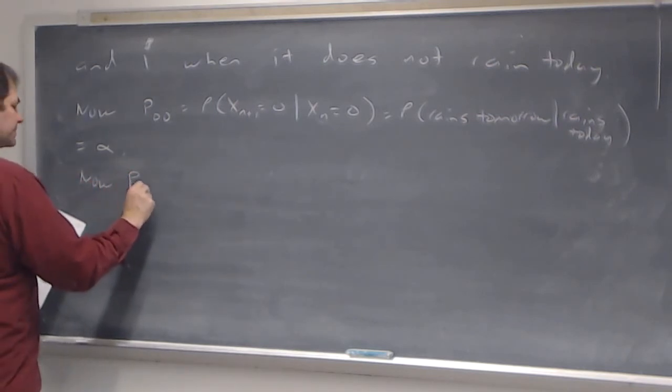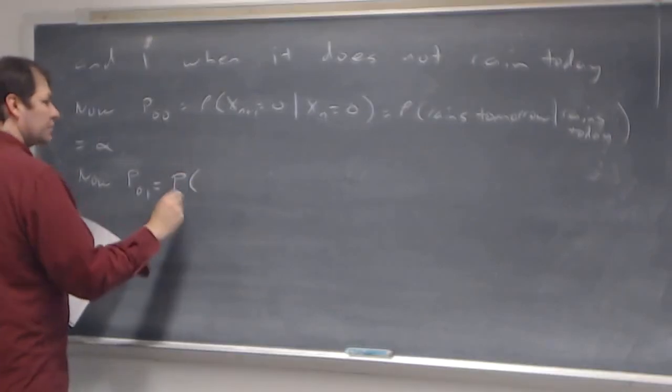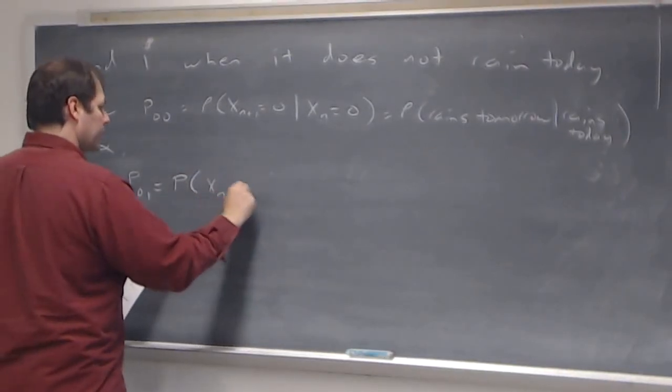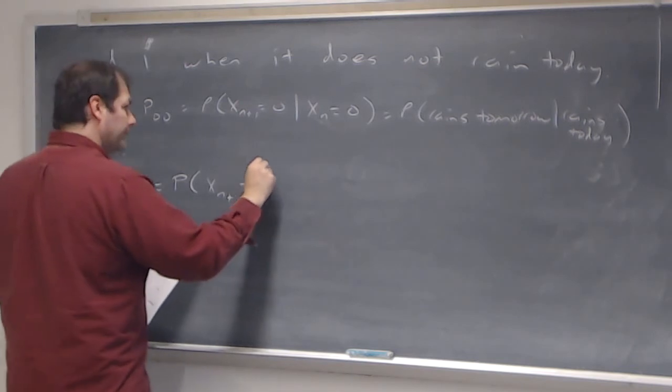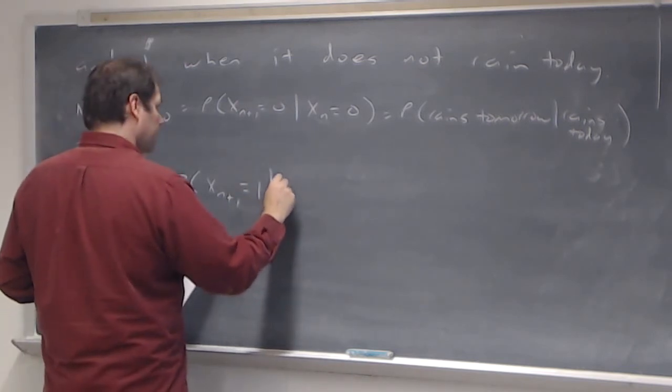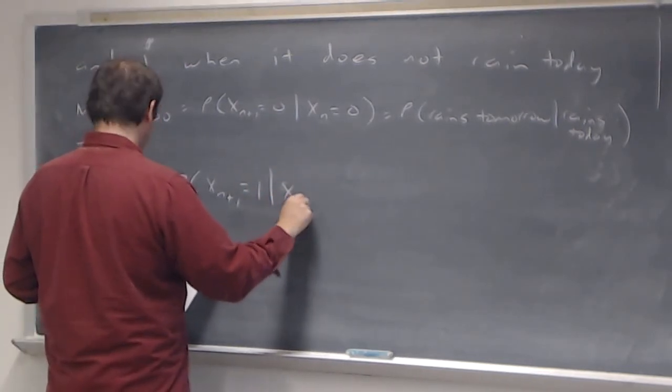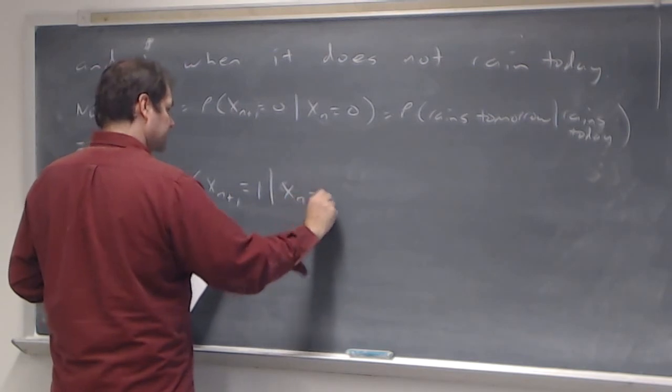Now, the probability of 0, 1, that's equal to the probability that X of n plus 1 equals 1, given that X of n equals 0.